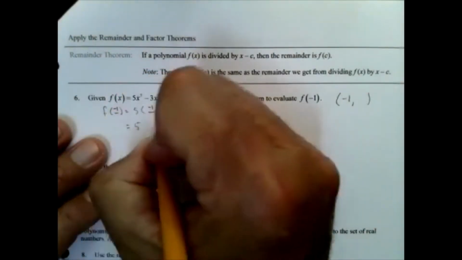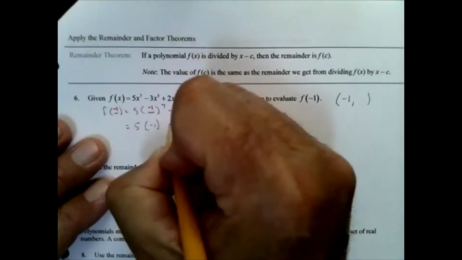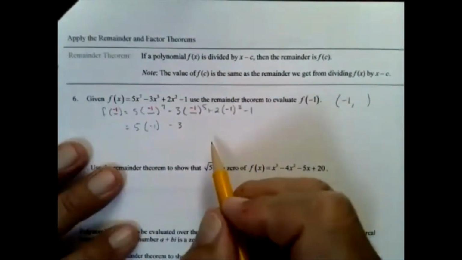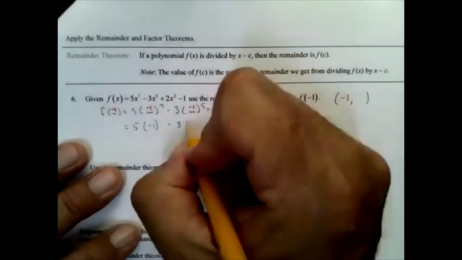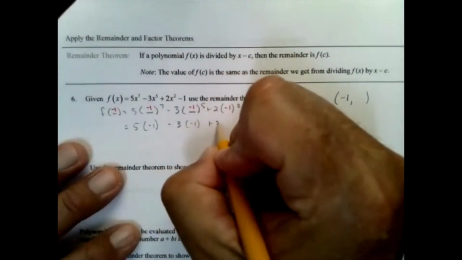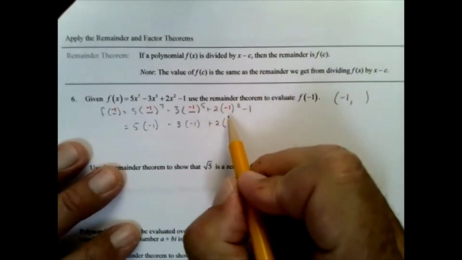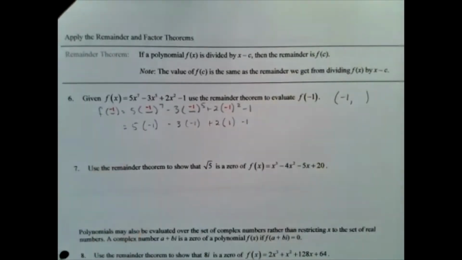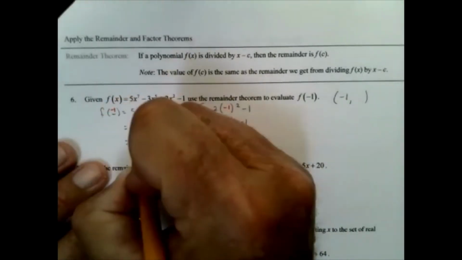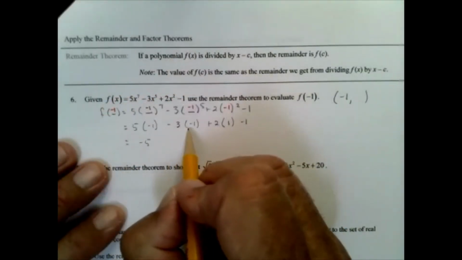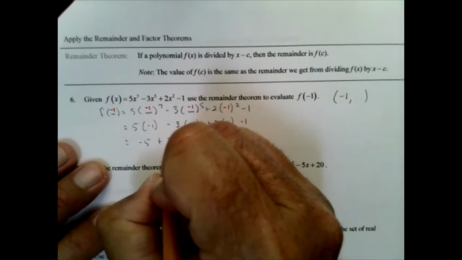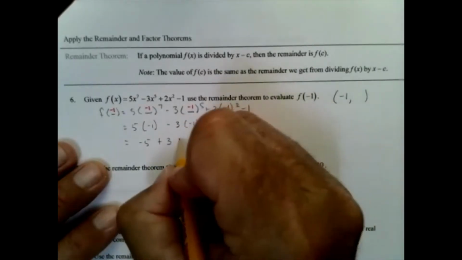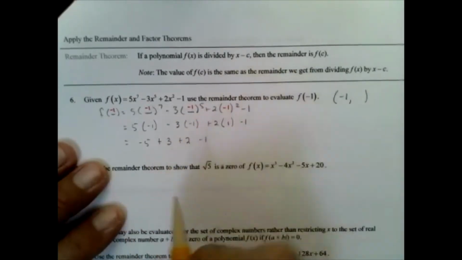5 times -1 to the 7th is -5. 3 times -1 to the 5th is -3, and minus that makes +3. 2 times -1 squared is +2, minus 1. All right, that's going to be -5 plus 3 plus 2 minus 1.